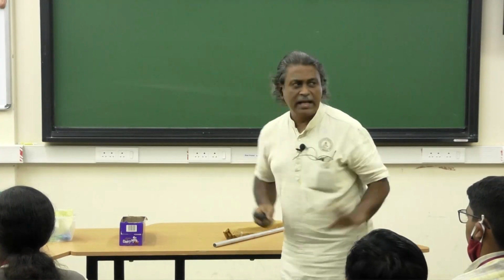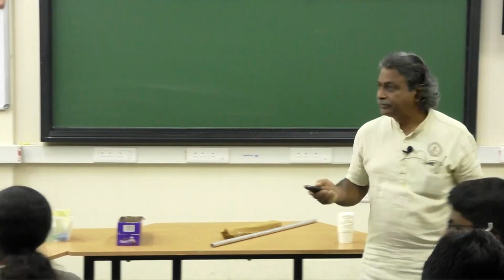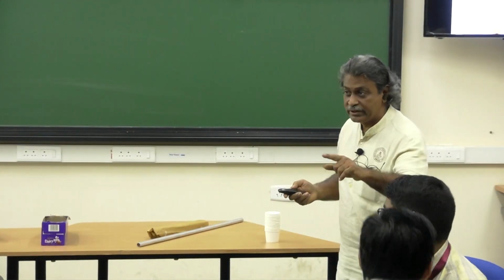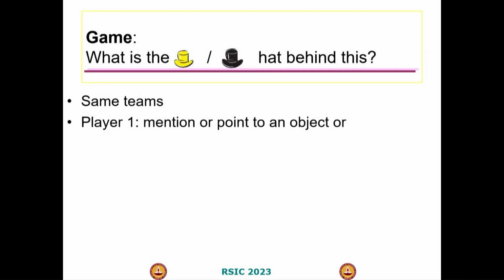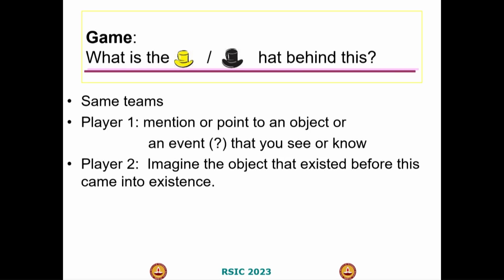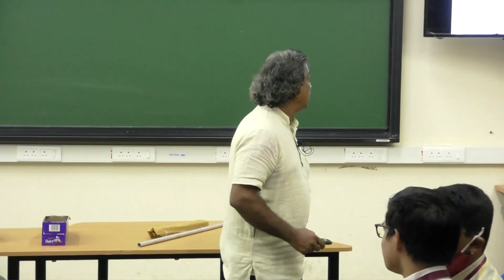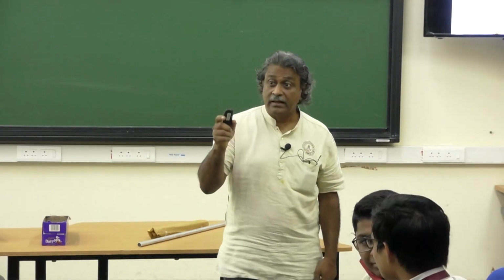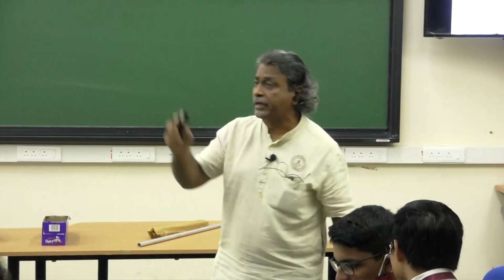Okay. So same teams. If you want to switch, you switch it now. Player 1 mentions an object. Same thing. Player 2 imagines the object that existed before this object. What existed before this object?